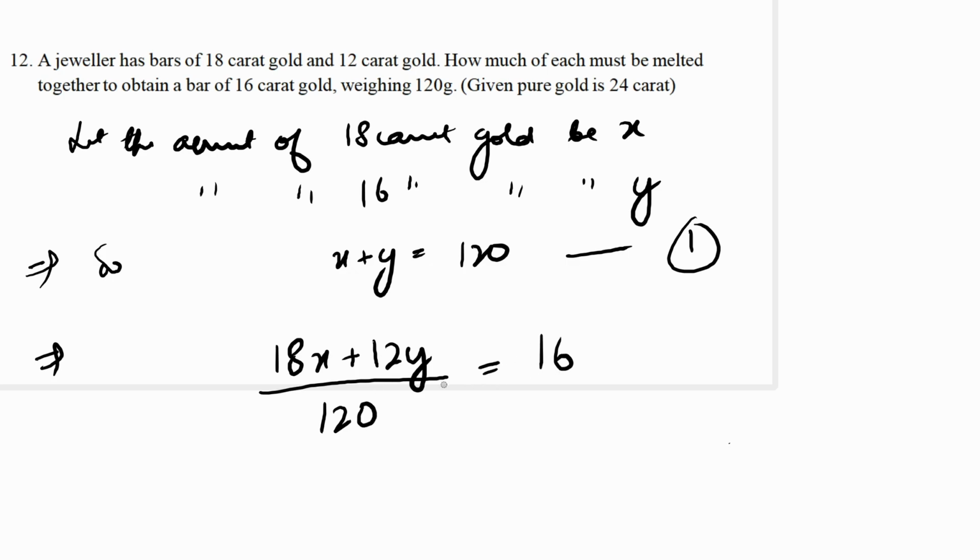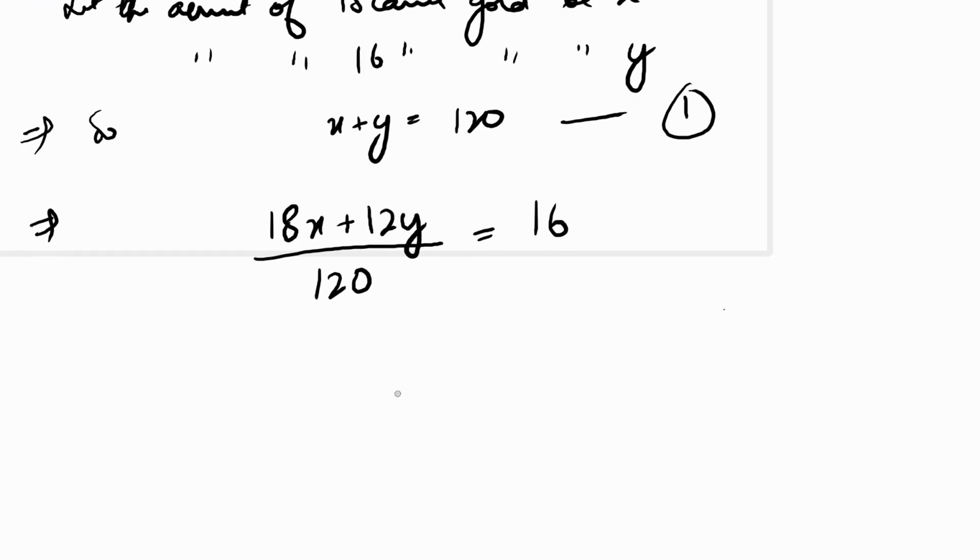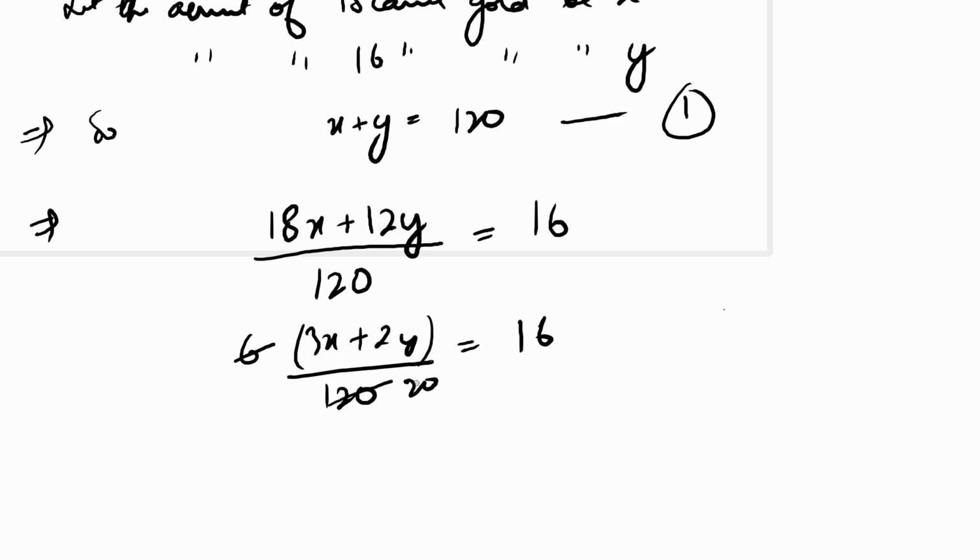So this will become 18x plus 12y equals 120 into 16. In fact, we can take 6 common, so this will become 3x plus 2y is equal to 20 into 16. 16 times 20 is 320. So 3x plus 2y is equal to 320. This is the other equation.